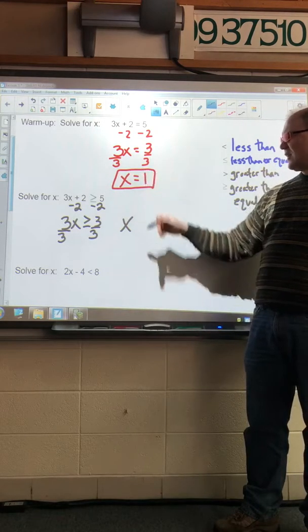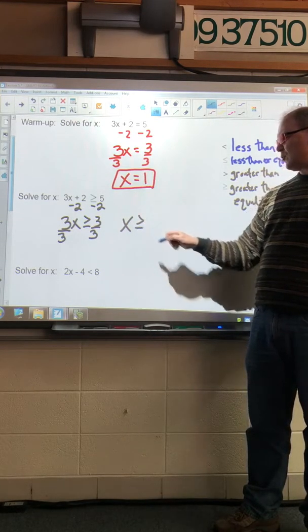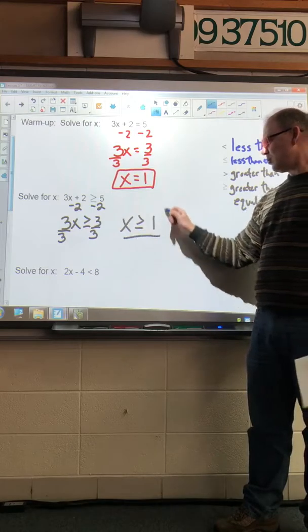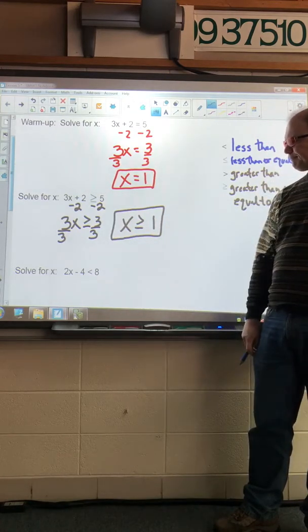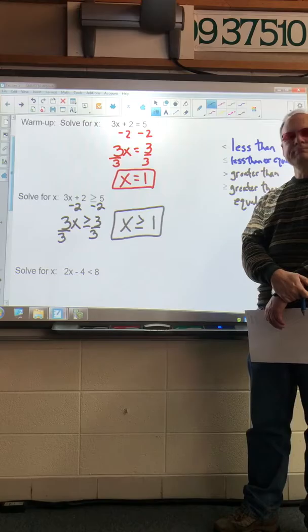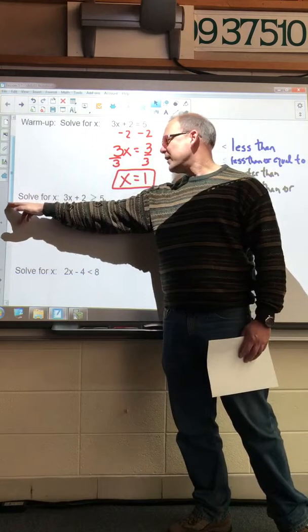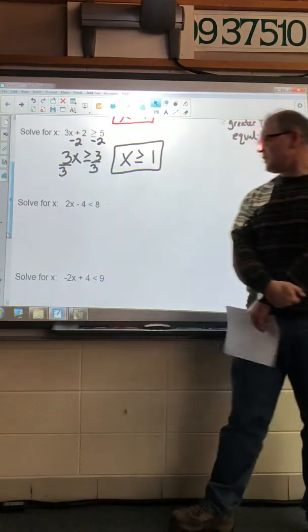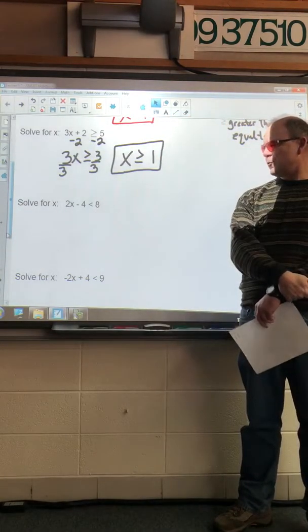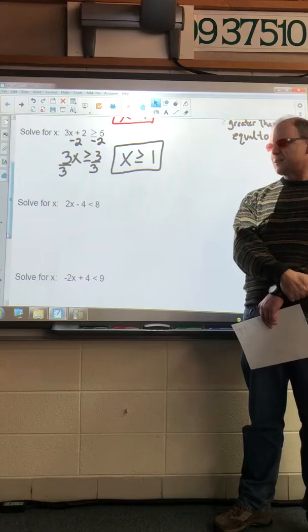So instead of x equals 1, we've got x is greater than or equal to 1. Okay, so let's hit pause again and go ahead and take a minute to work on that next example.